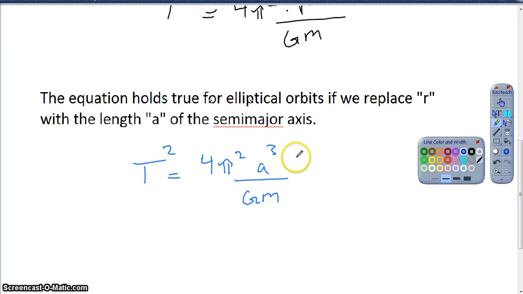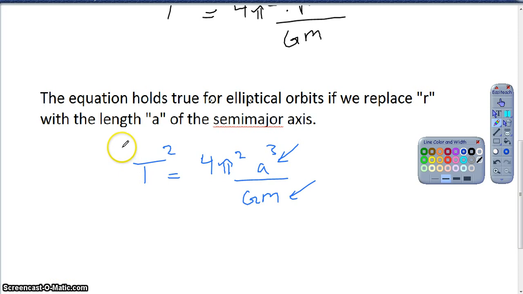If I want to find the period, I need the semi-major axis, not the specific radius at one location. It's half of the major axis. We also need the mass of the body we're orbiting and the universal constant, and then we can find our period in seconds.